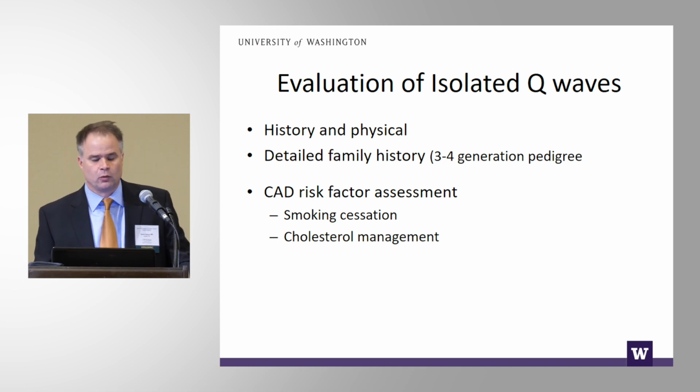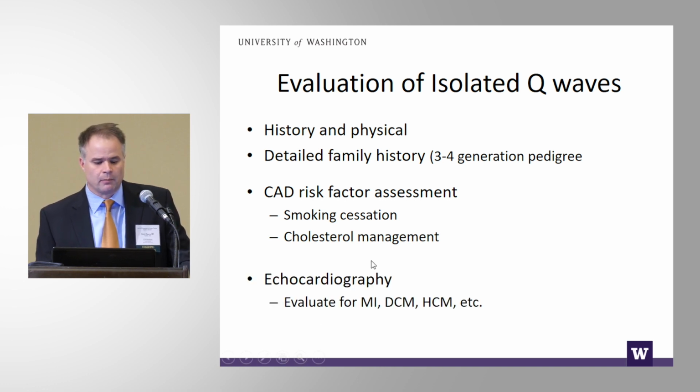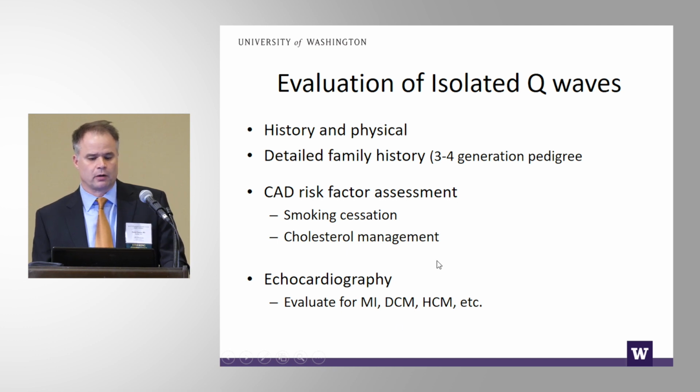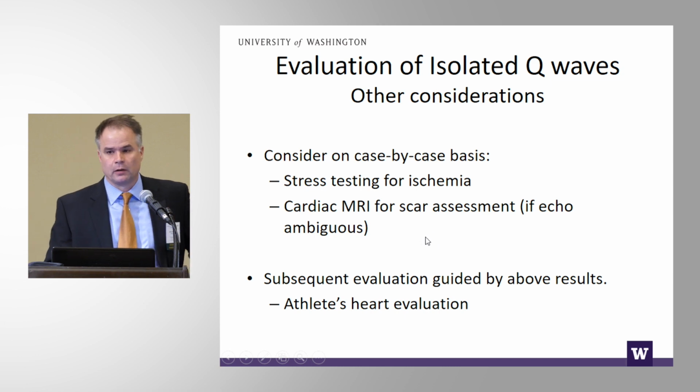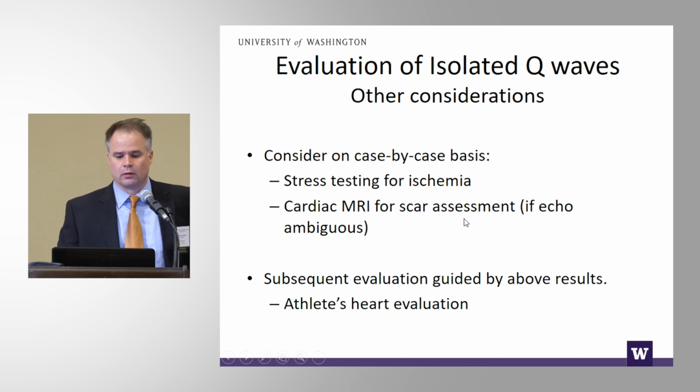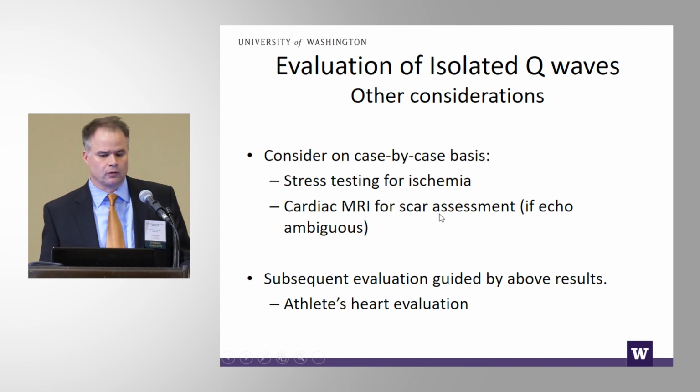But if they have Q waves due to coronary artery disease, they've got some big problems going on, especially if they're young. Echocardiogram, we evaluate for myocardial infarctions, dilated cardiomyopathies, hypertrophic cardiomyopathies, et cetera. We covered some of that before. Then on a case-by-case basis, we'll consider stress testing for ischemia and cardiac MRI for scar assessment, and subsequent evaluation is then guided by the above results.